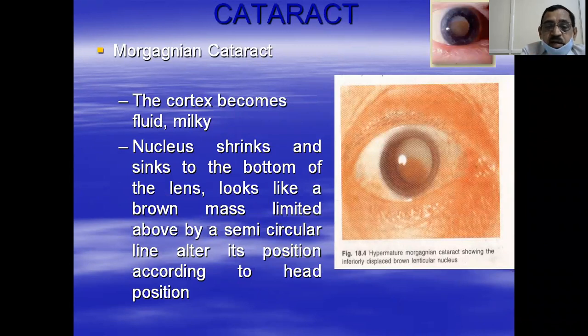In Morgagnian cataract, the cortex becomes fluid and milky, and the nucleus shrinks and sinks to the bottom of the lens. The nucleus looks like a brown mass limited above by a semicircular line, and it alters its position when you move the head this way and that way.